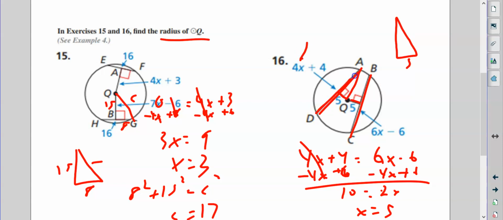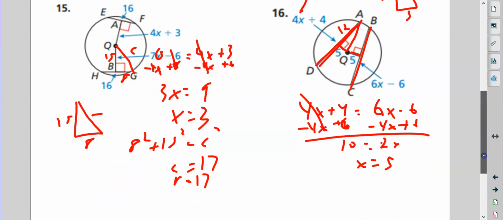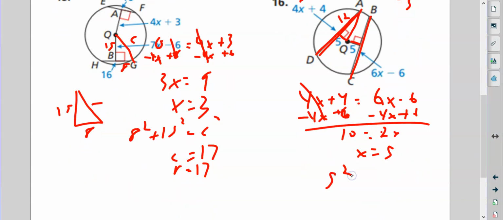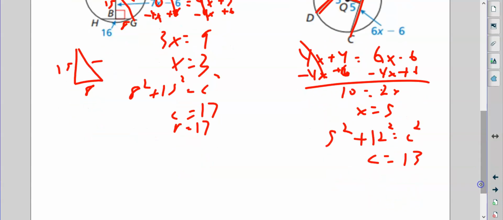That means this whole thing is 24, which makes this 12. And we're trying to find c here. So again, we would do the Pythagorean theorem. 5 squared plus 12 squared equals c squared. Another Pythagorean triple. C is 13. So my radius is 13. That's it.